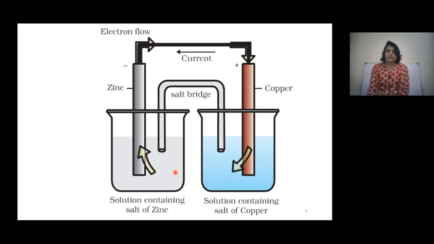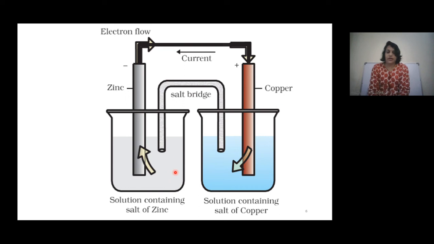So, for a cell reaction, we can decide whether it is reversible or irreversible if the reaction is opposed. The cell can be represented by different notations. A single line represents a phase boundary between the metal electrode and the solution in which it is dipped.